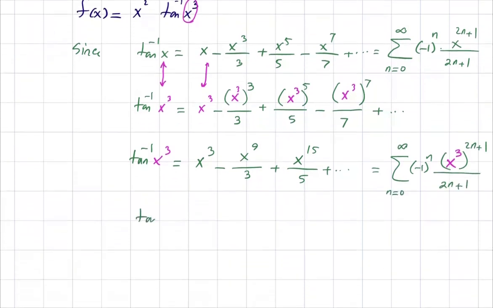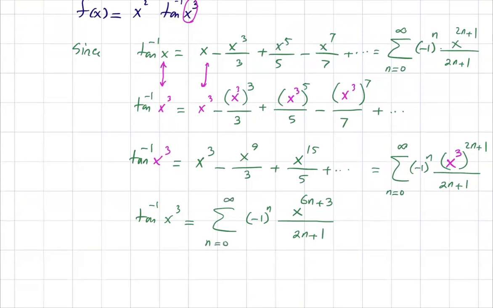Or inverse tangent of x cubed can be written as the summation of -1 to power n x to power 6n plus 3 divided by 2n plus 1, and start from 0 goes to infinity.